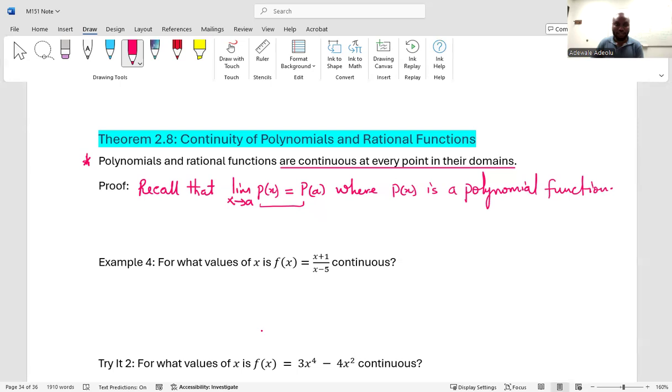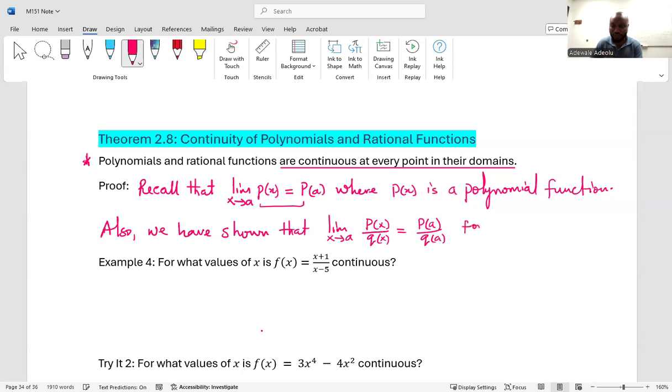Also, we have also shown that the limit as x goes to a of p of x divided by q of x equals p of a divided by q of a, for q of a not equal to 0.